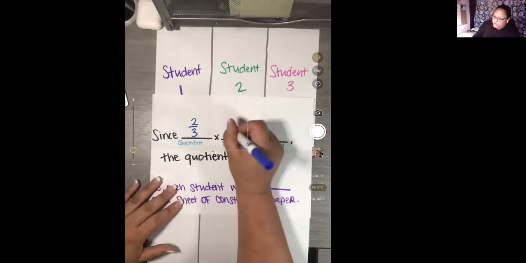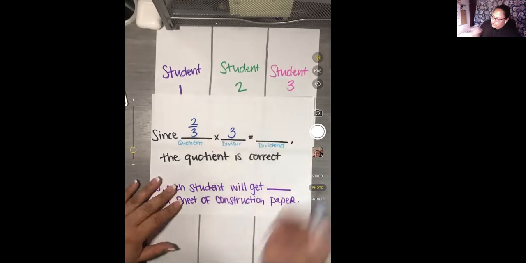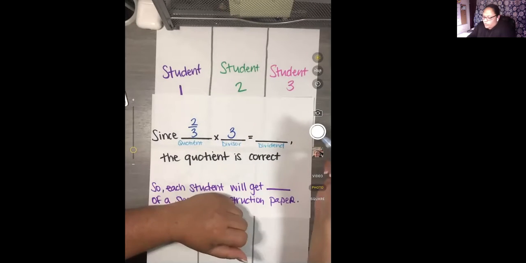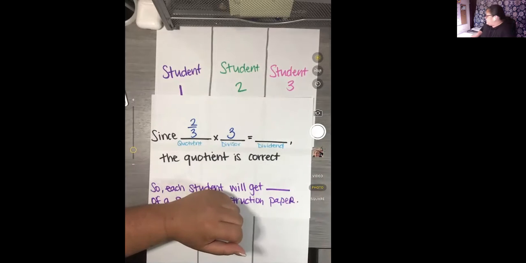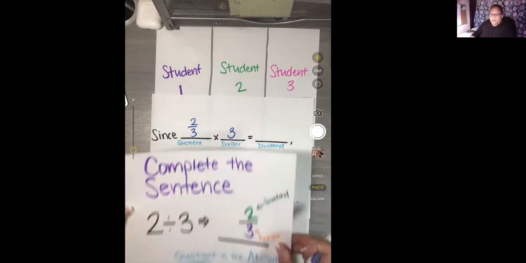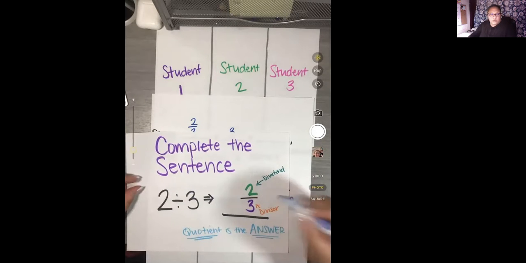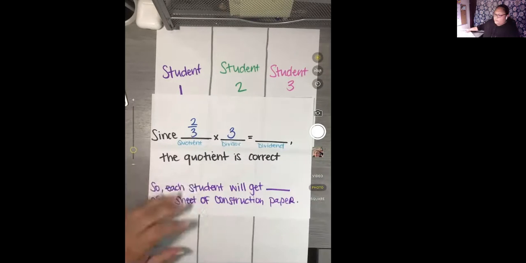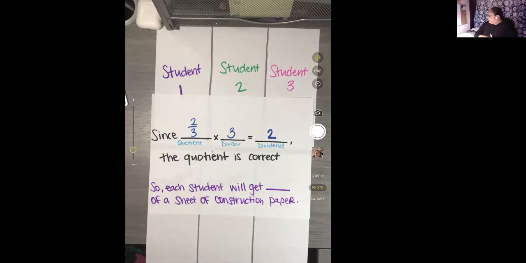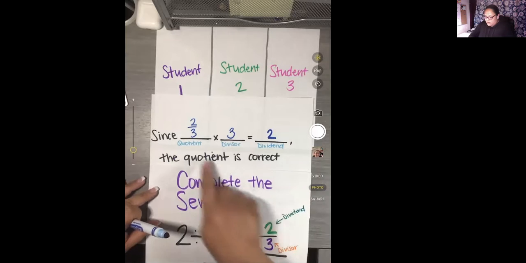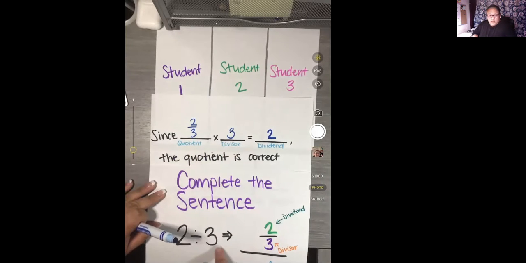The denominator is always the divisor. Quotient times the divisor equals the dividend. My dividend is 2, which is also our numerator. We can see just from this sentence that this is multiplication and this is division. It's related.